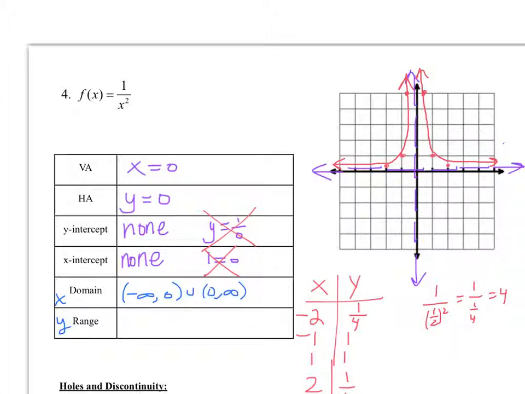For my range, we can see looking at our graph that, first of all, we cannot cross the line y equals 0, and secondly, both sections of our graph are in the positive y region. So for that reason, we can say that our range is from 0 to infinity. Now notice on both of these that I have parentheses instead of brackets on my interval.